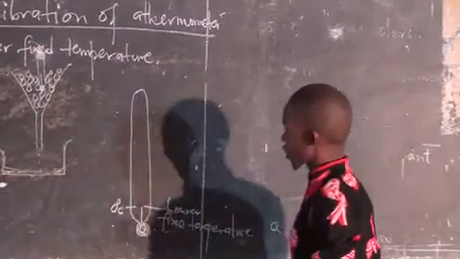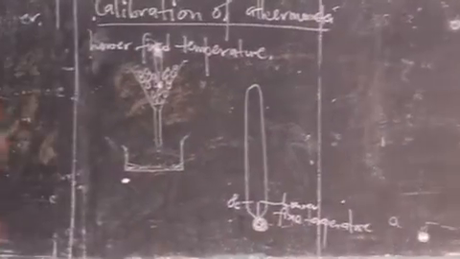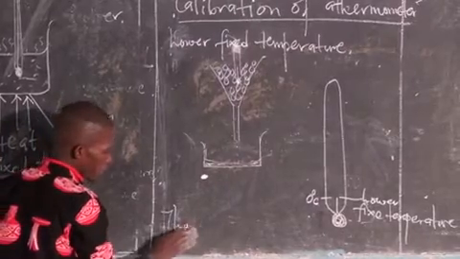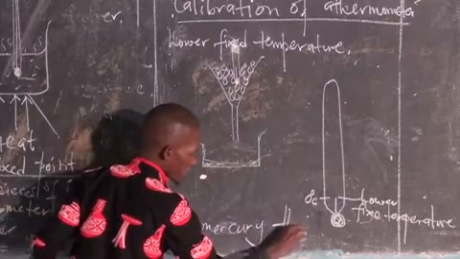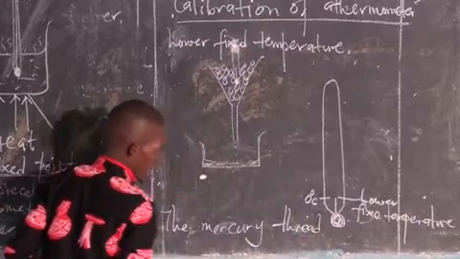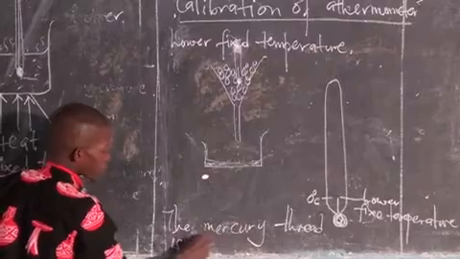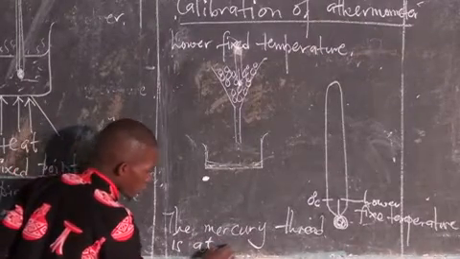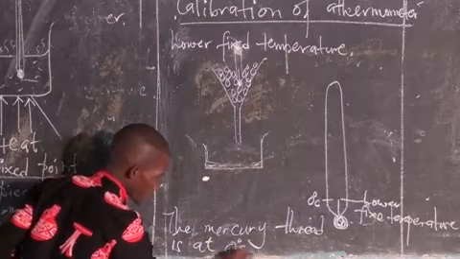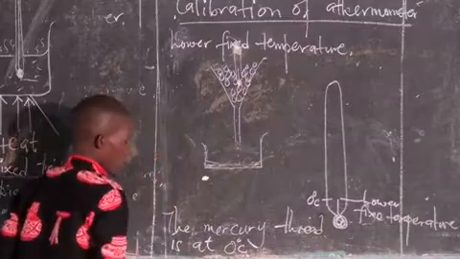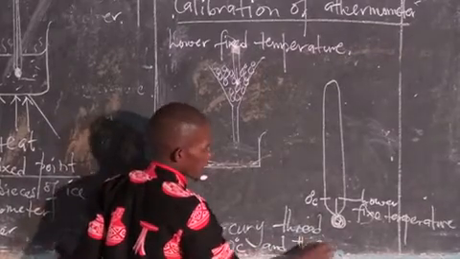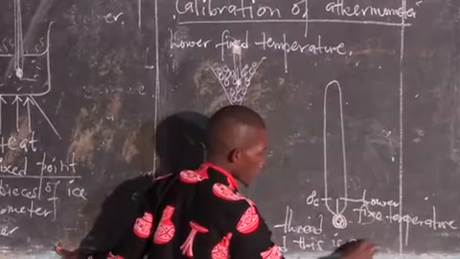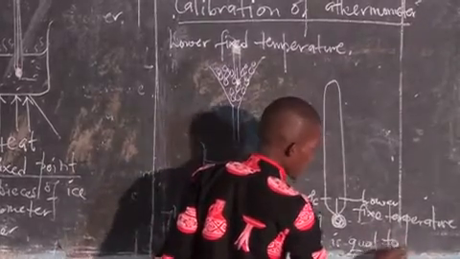So we'll be able to identify that the mercury thread is at 0 degrees Celsius, and this is denoted L naught.